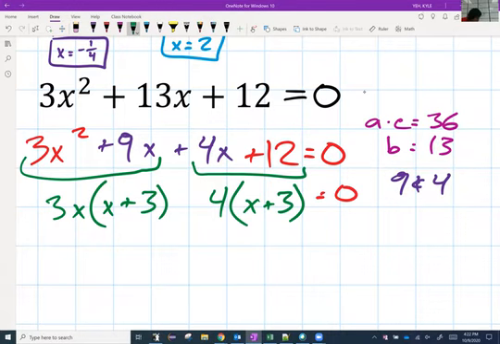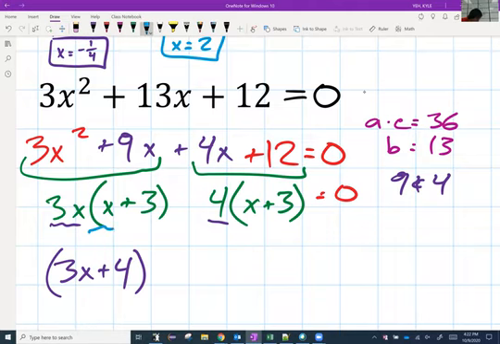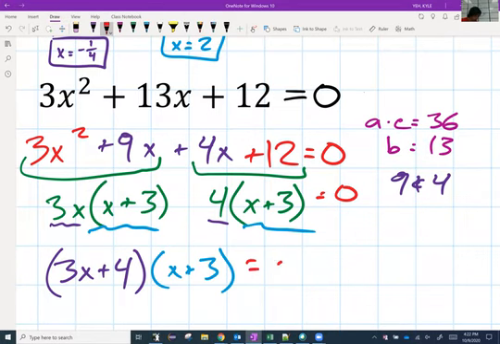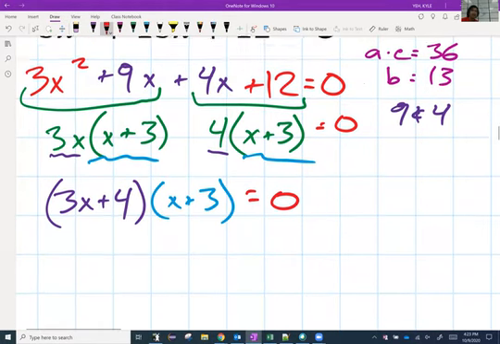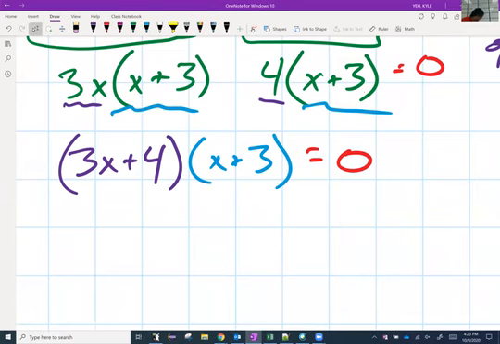So what are my two terms then? 3x, and it was a positive 4 that I pulled out, so I'm going to say plus 4. And then whatever was left inside, x plus 3 should equal 0. Two factors, they multiply together and equal 0.